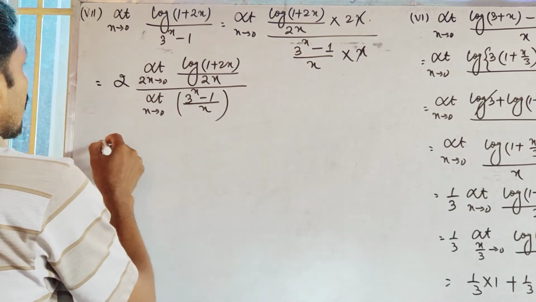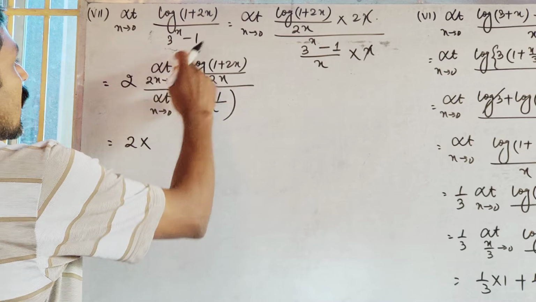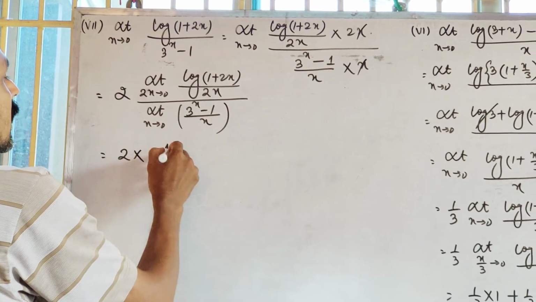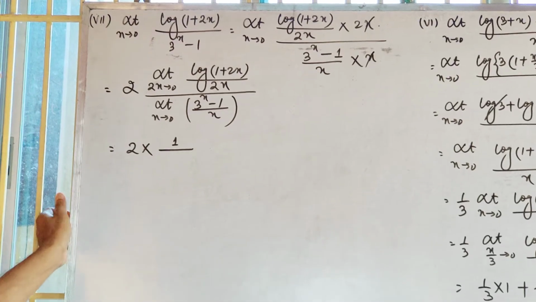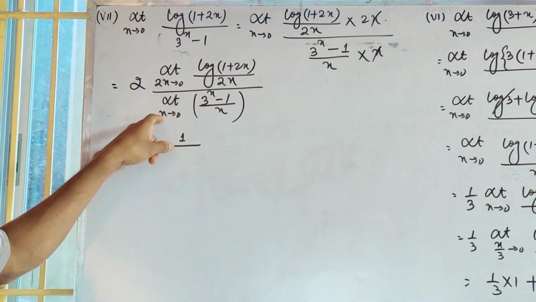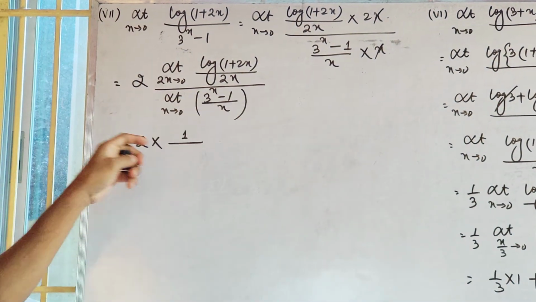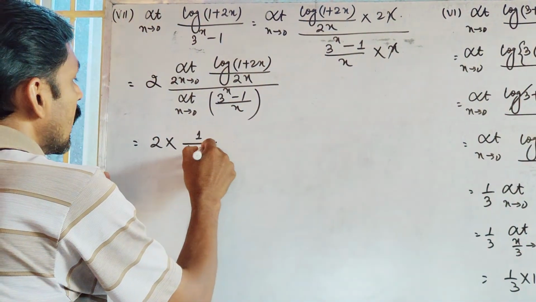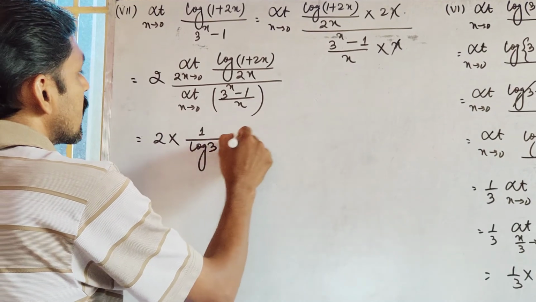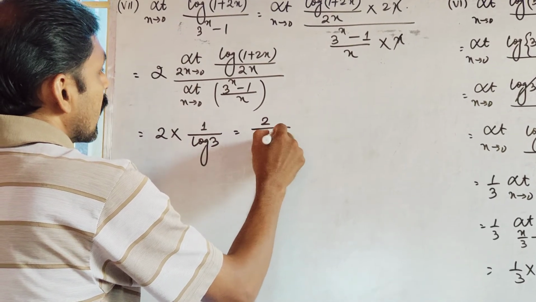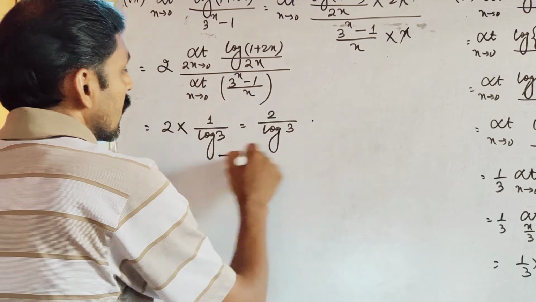So this equal to 2 into, now what is the value of this? It is 1, and denominator is the form limit of a to the power x minus 1 by x, that is log a, which is log 3. So this is 2 by log 3.